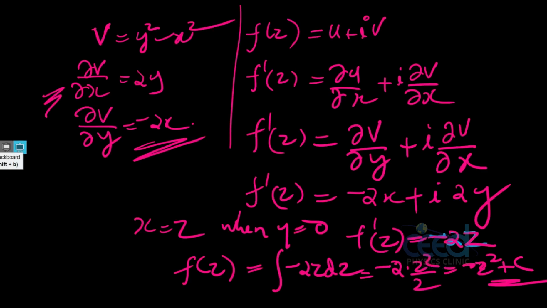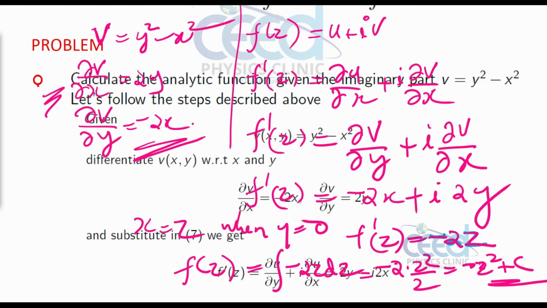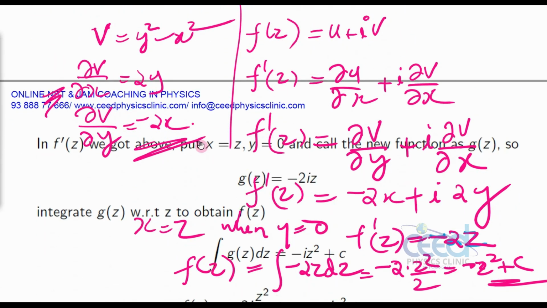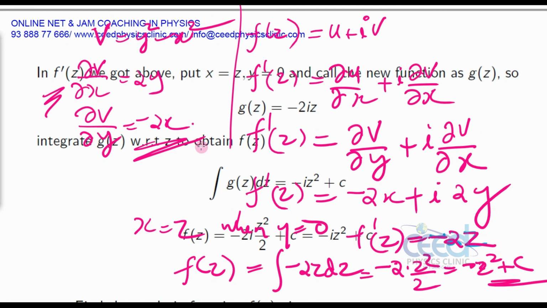So let me go to the main board and check the answer. So we got minus i z square. So we have a problem with this. Okay, y is equal to 0, we have given x is equal to z, ∂v/∂x, ∂v/∂y, that is minus 2x, right?